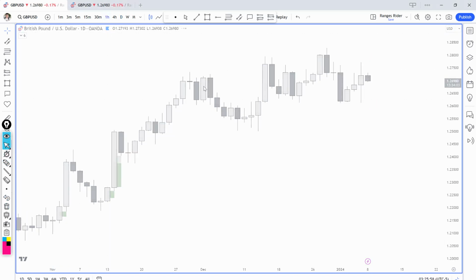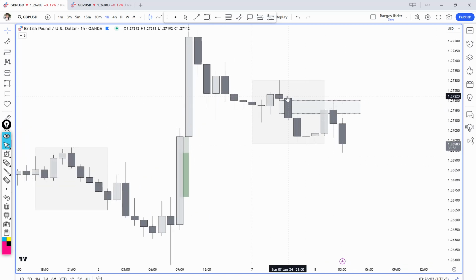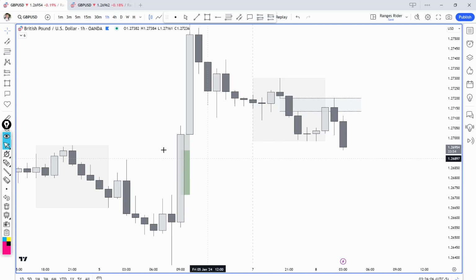Then on the H1 time frame, I see the fair value gap. This one. I know a lot of people don't use a fair value gap, so I felt the need to explain how I use it.